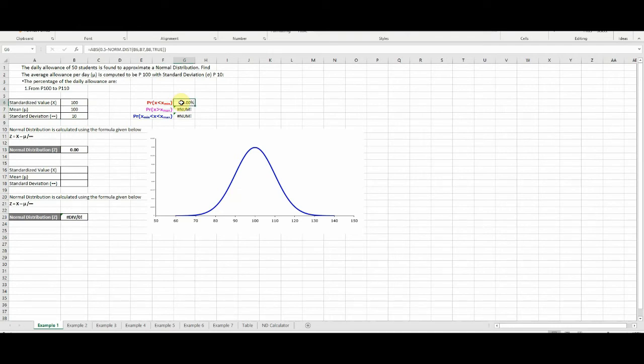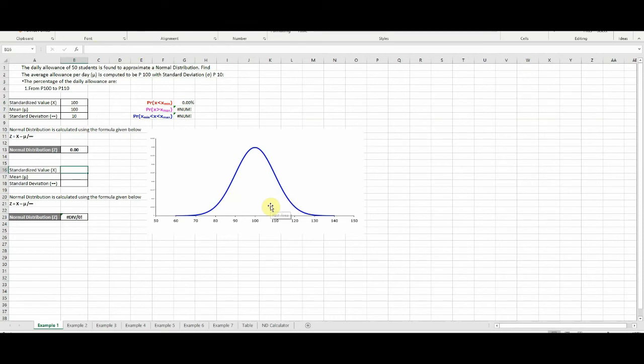So how do I do this? This is the formula. I get the normal distribution, which is your score, your mean, your standard deviation, and this cumulative frequency, which is true. Then I get the absolute value. Now the probability is 0.